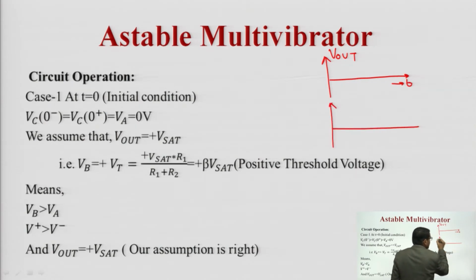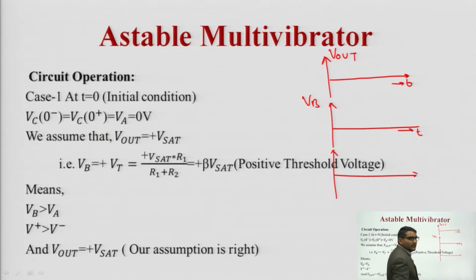The second is V_B versus t, and the third is V_C(t), the voltage across the capacitor. V_C(t) is the voltage across the capacitor, V_B is the non-inverting terminal voltage, and V out is the output voltage.